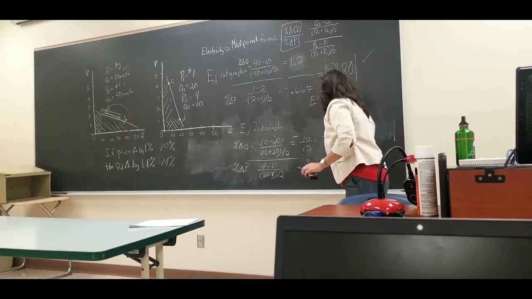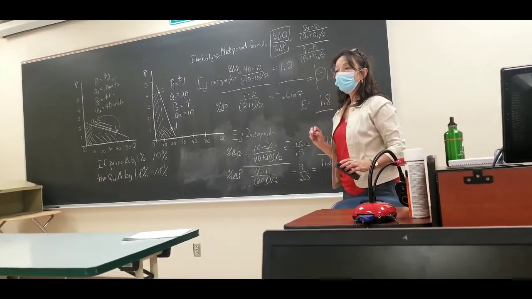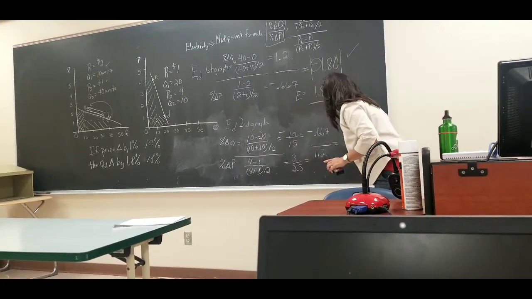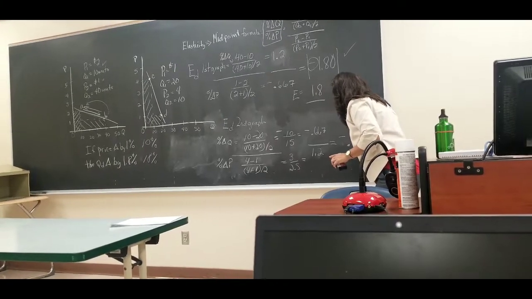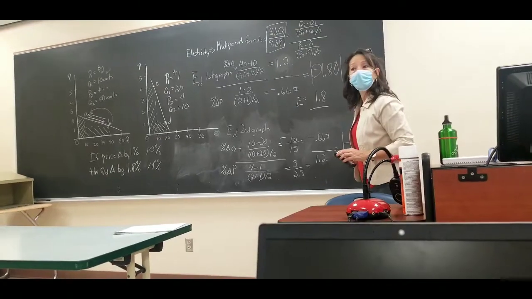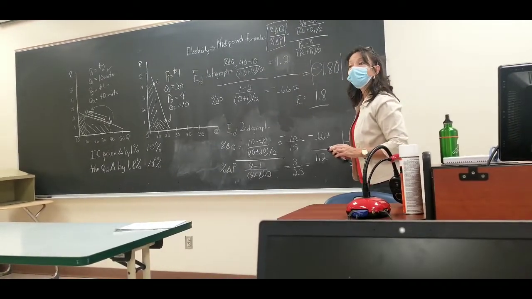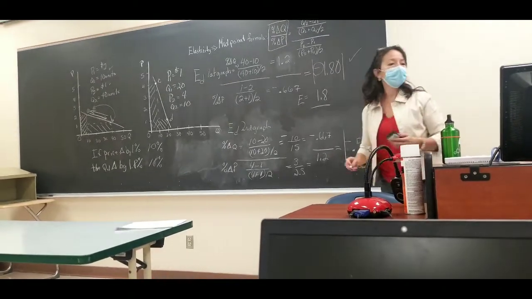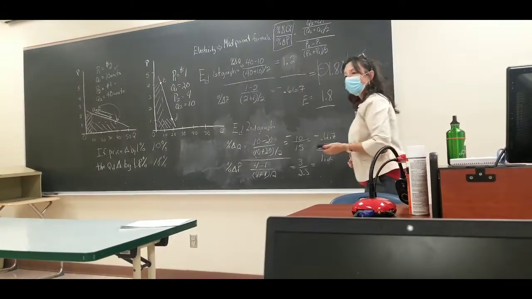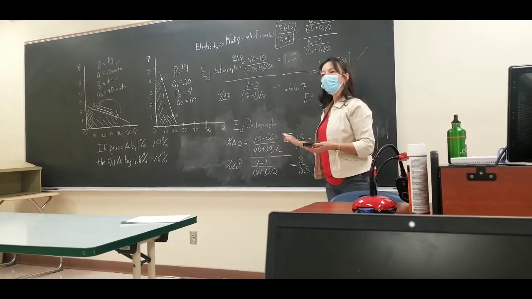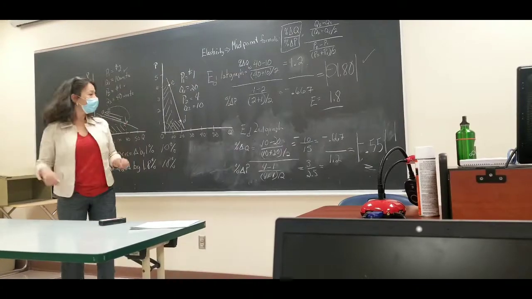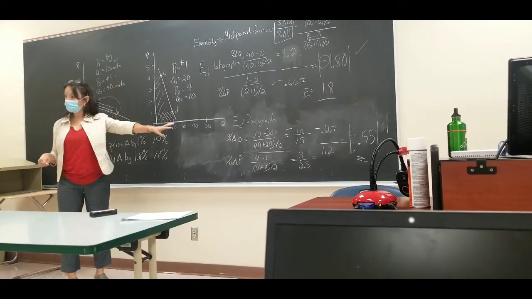Okay, and so our elasticity here is 0.55. Everybody agree? I got a different answer. What did you get? I got 1.25. Well, the answer is 0.55, so it's probably an arithmetic thing, which is normally the problem. So what does this mean?